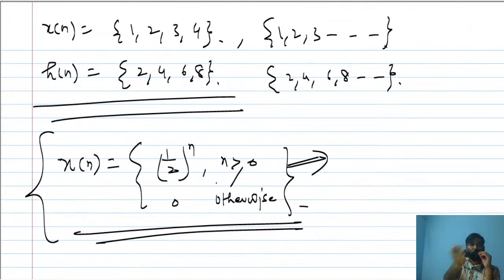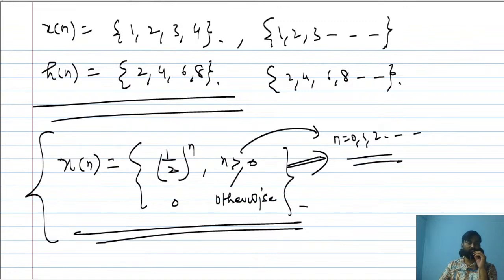Because you can put n equal to 0, n equal to 1, so you take n equal to 0, 1, 2, and so on, the discrete set of values. You plug in discrete time instants. So this is the analytical representation: x of n is given as 1 by 2 to the power n for n greater than or equal to 0.